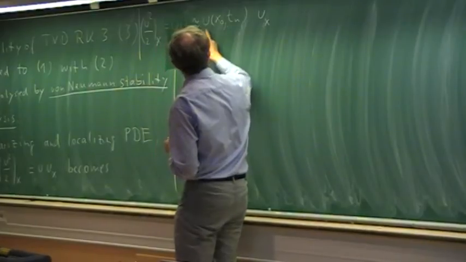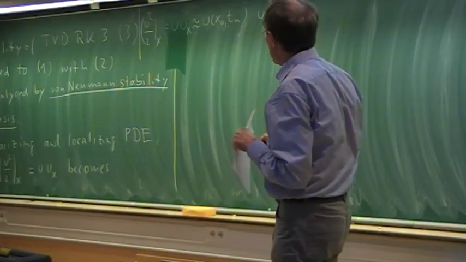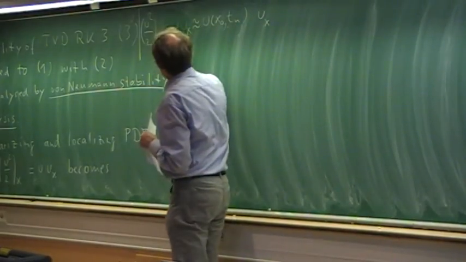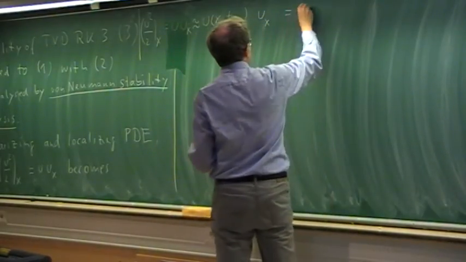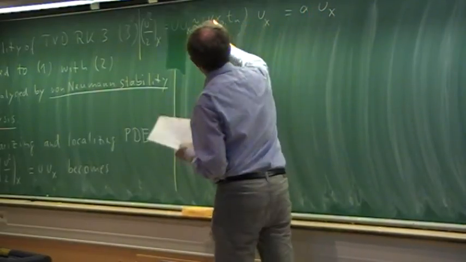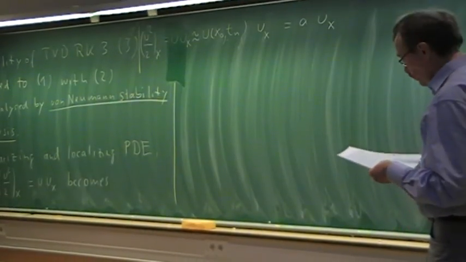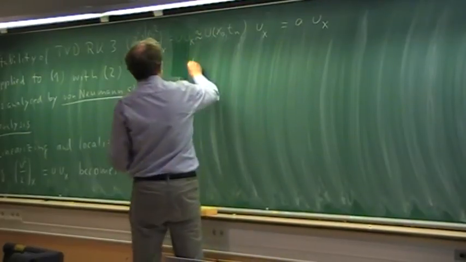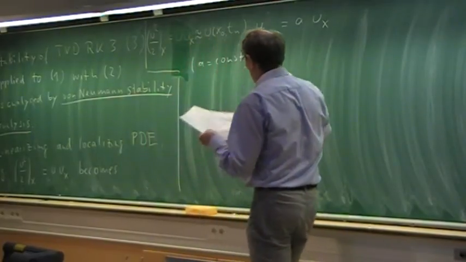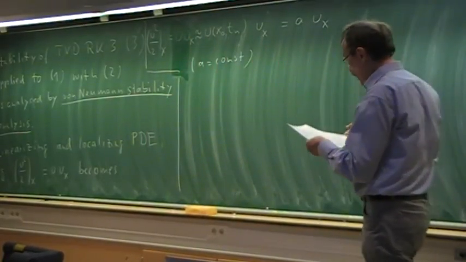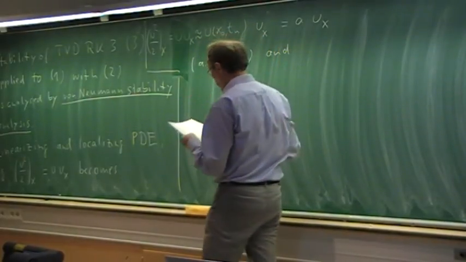So this u is taken at one point in space and time. That is the idea. In this way we get a quasi-linear form, but here we get a fully linear problem, and we call this a u_x. So the a is, in our case, some velocity at some point at some time level t^n. That means in this case we assume that the a is constant. So we replace the nonlinear problem by a linear problem. And we assume that we have periodic boundary conditions to be able to apply von Neumann stability analysis.